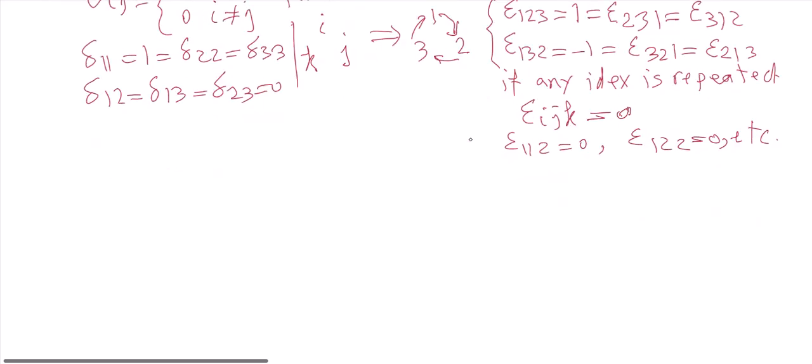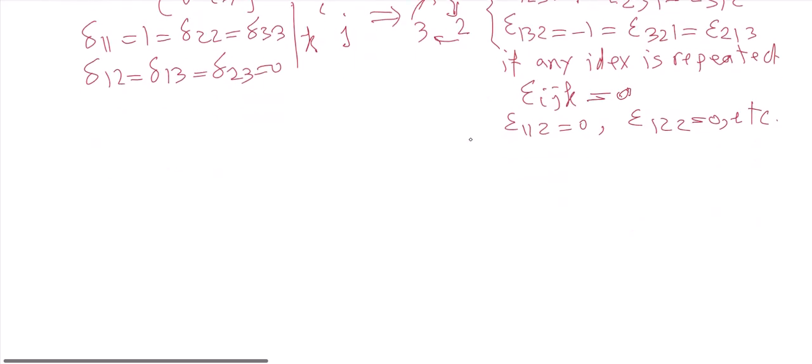Now, having that, we come back here and say, okay, if I have a tensor, let's call it the stress tensor. I call it Sij. You may call it sigma ij. Sometimes we use Greek letters, it doesn't matter.